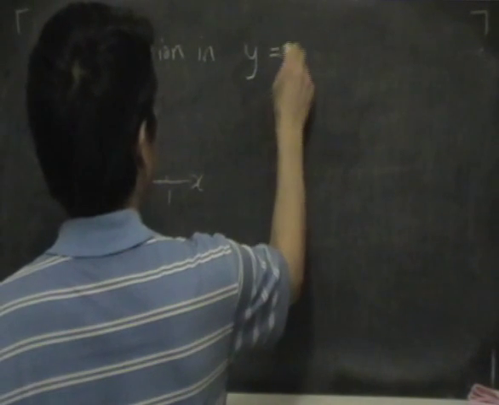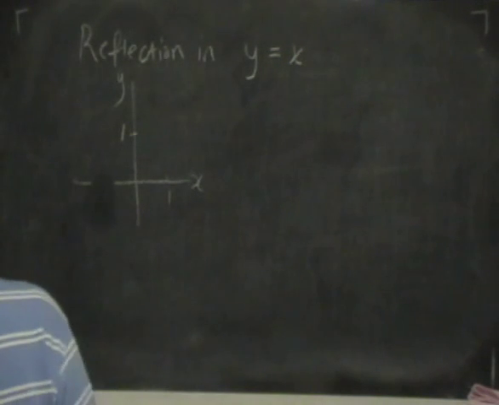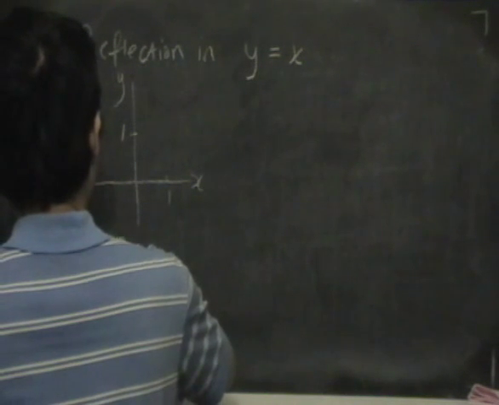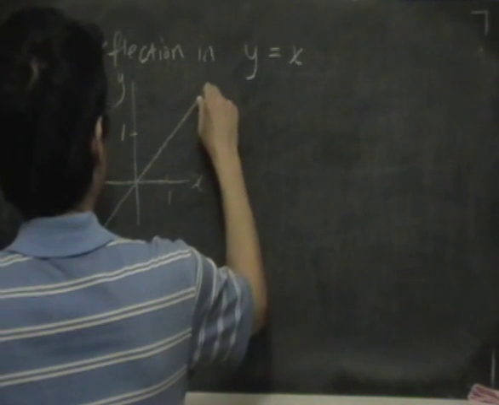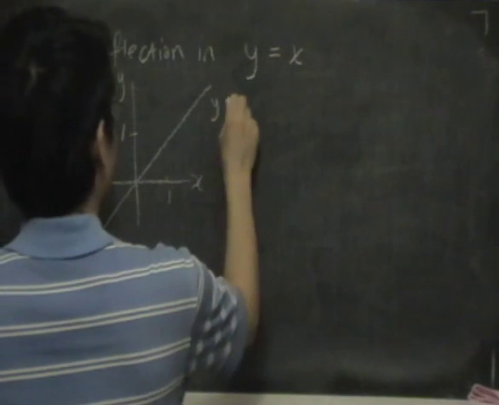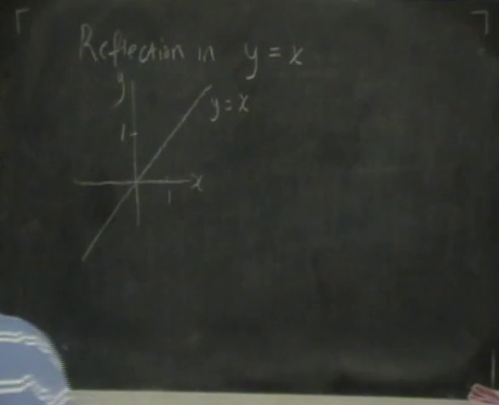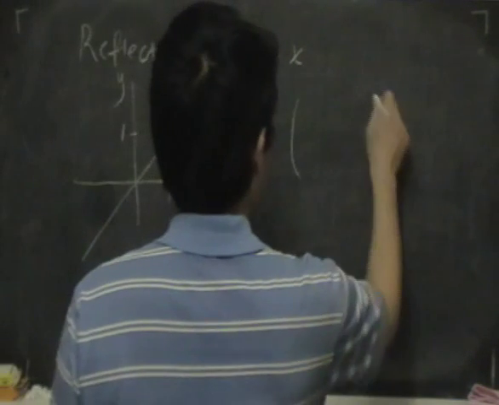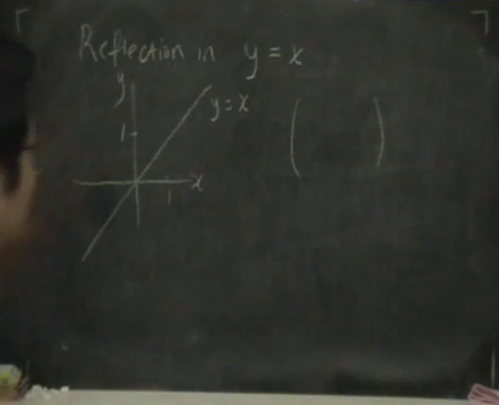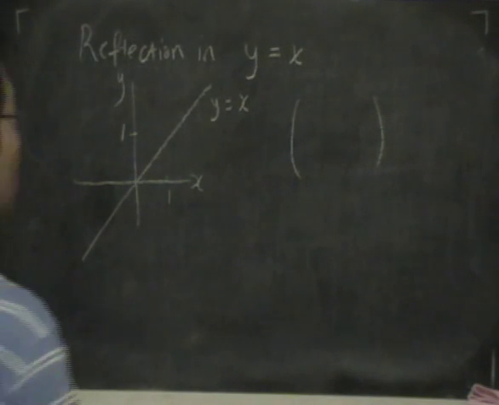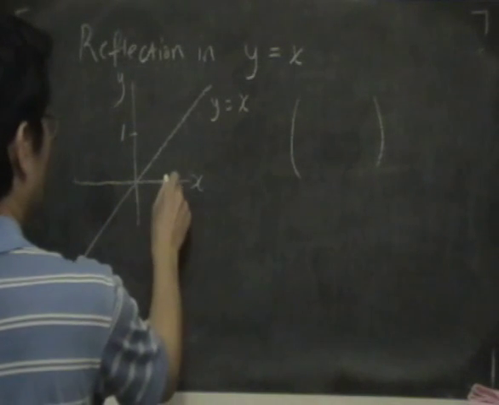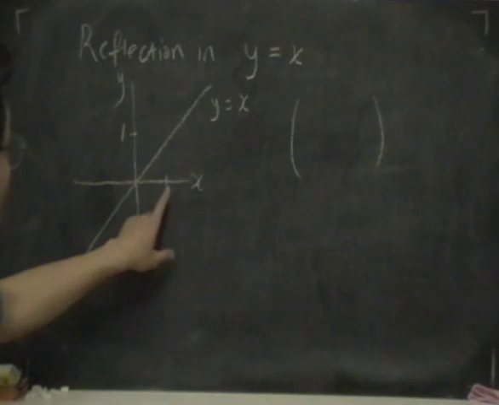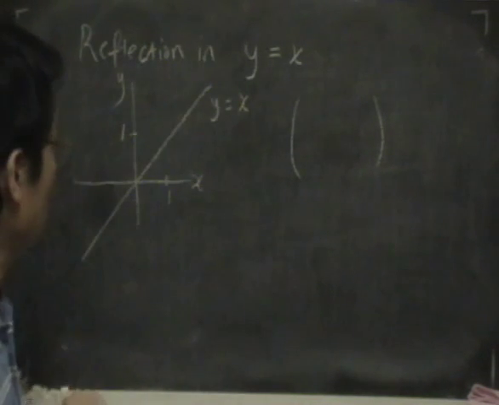Reflection in y equals x. So that's this line, this 45-degree line. Once again, get ready our matrix. First column, we look at 1 on the x-axis, and we think about its image in this transformation.